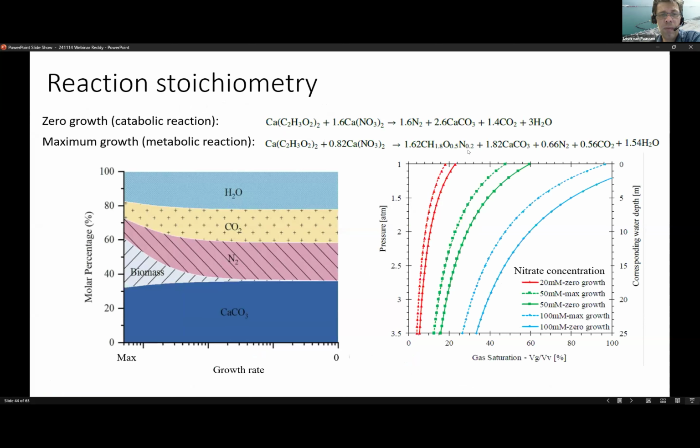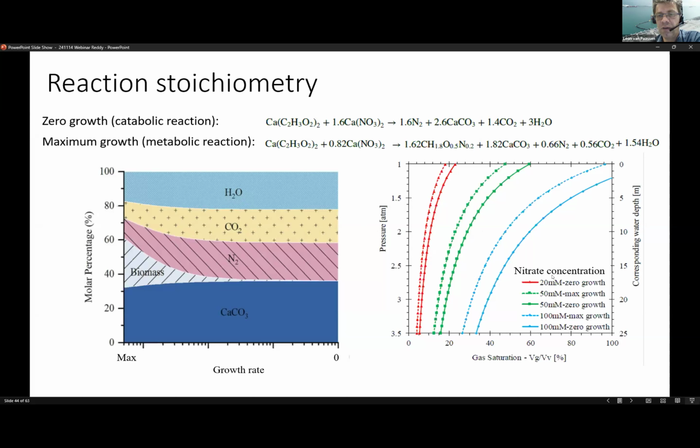If the biomass would grow very fast under favorable conditions, then a lot of the carbon, a lot of the acetate, would go to biomass, whereas if the bacteria would grow slower, relatively we would produce more calcium carbonate. But we would also produce nitrogen gas and a little bit of CO2, which probably would generate gas. And based on the stoichiometry and the ideal gas law, we could predict how much gas would be formed and what the residual saturation would then be in that case.